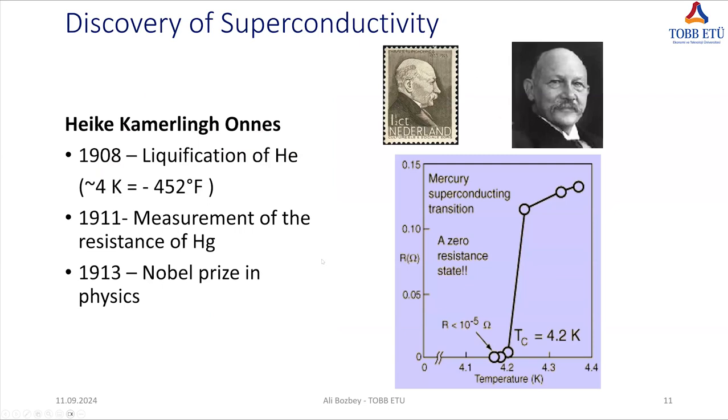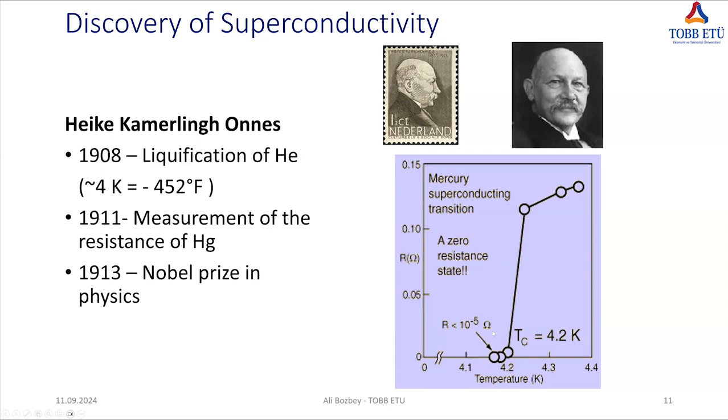But in the case of superconductors, we can talk about absolute zero resistance. In 1908, after Kamerlingh Onnes liquefied helium, they started to measure the resistances of different materials. And during one measurement in 1911, they measured mercury.